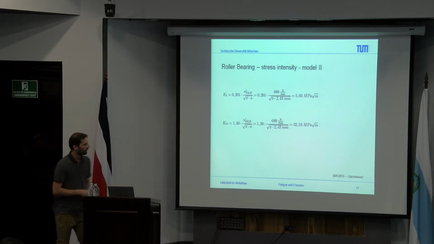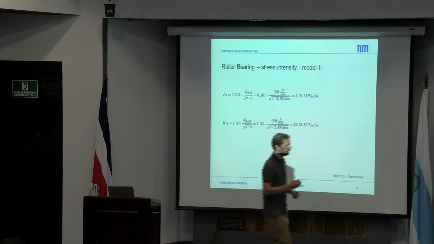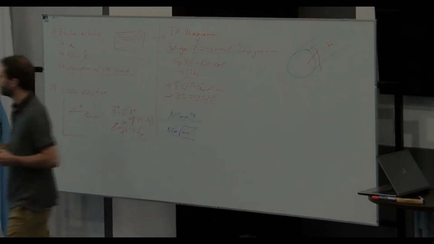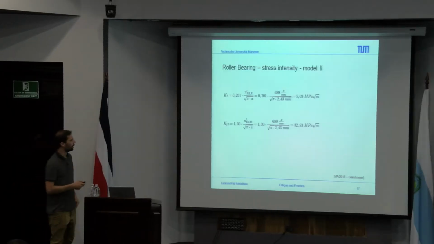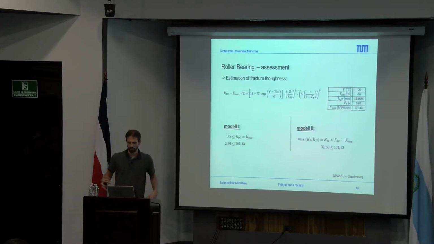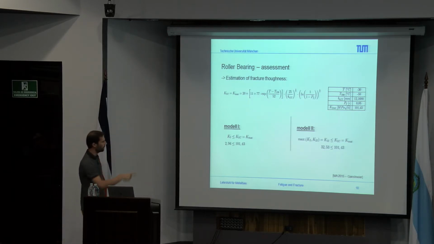Using this model again for the same situation, and using the stresses acting due to the tangential loading, you get here a K1 mode of 5.03 and a KT mode of 32.53.